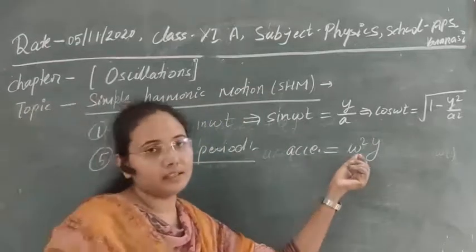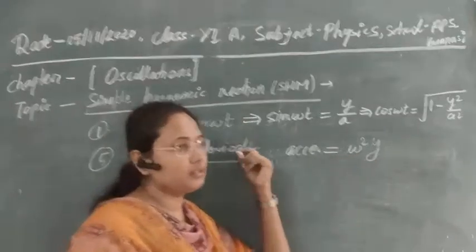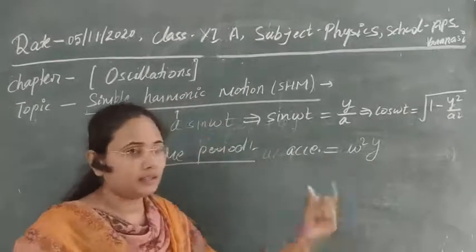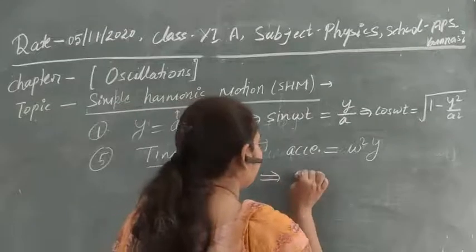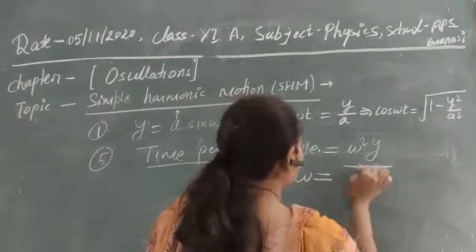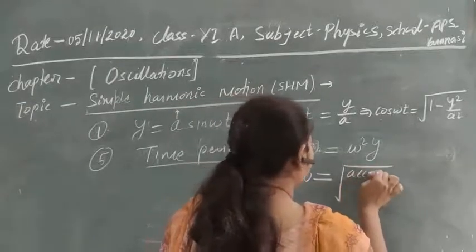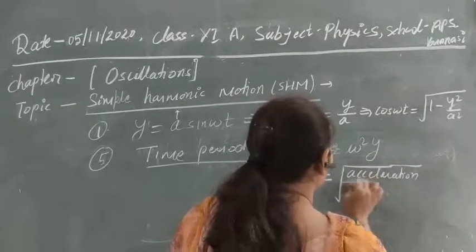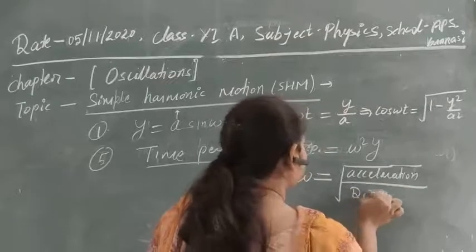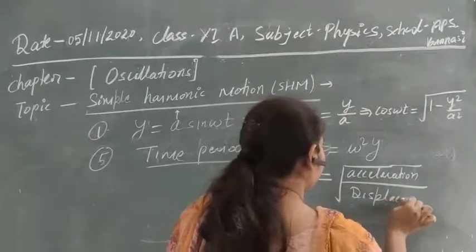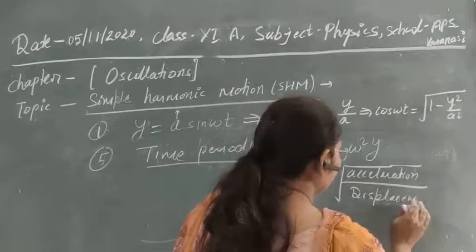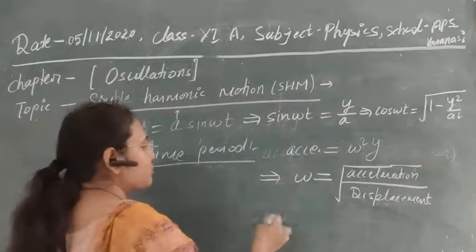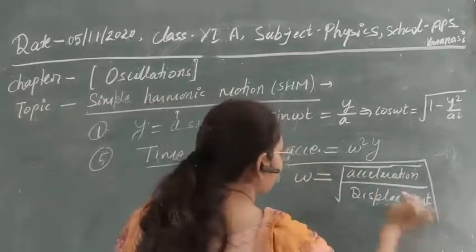Leave the minus sign here, because the minus sign only denotes the direction of acceleration, so in magnitude we can neglect that. So from this we obtain omega is equal to root of acceleration on displacement, and this is also the angular frequency of the oscillation.